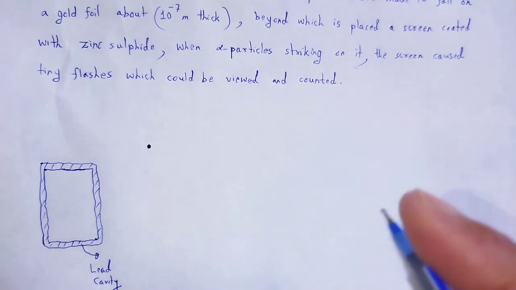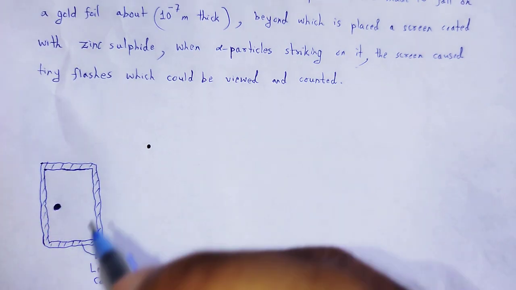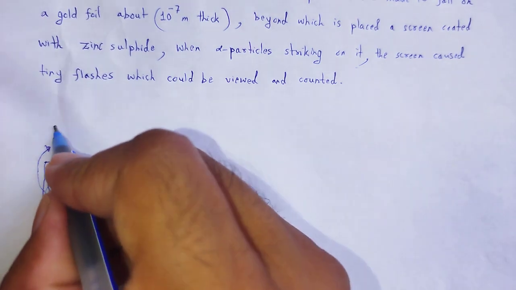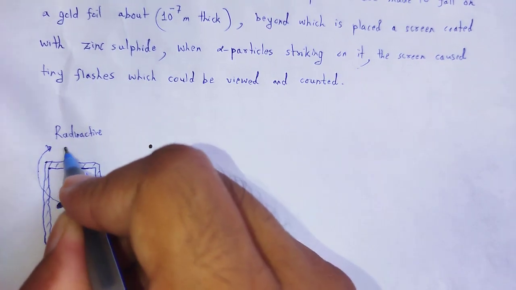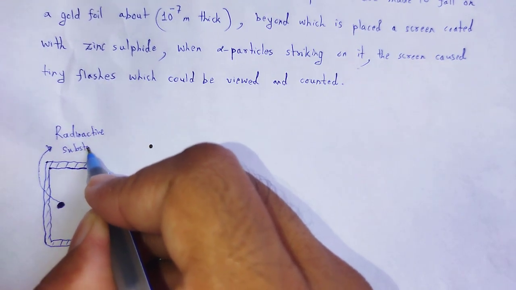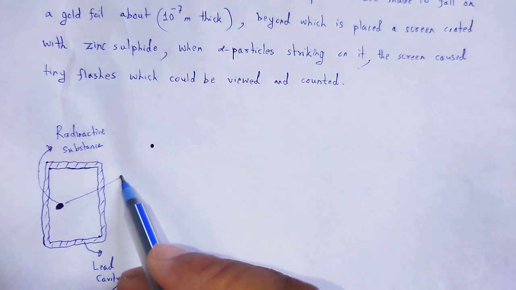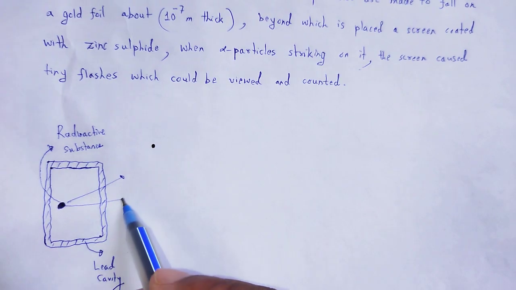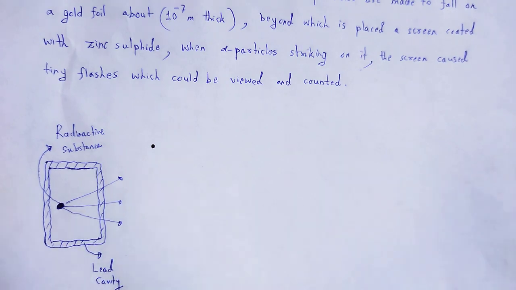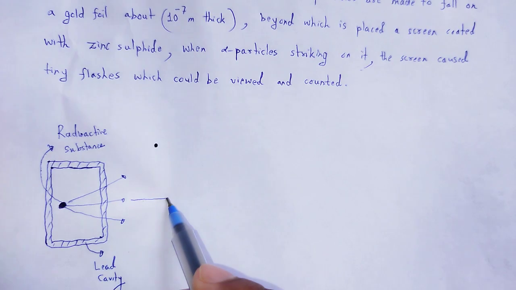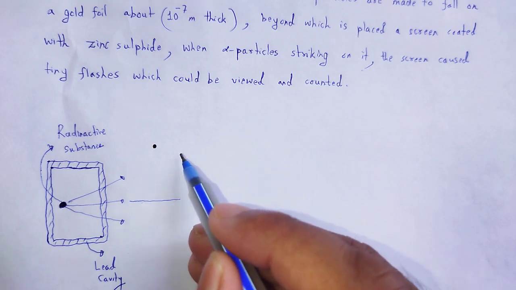In that lead cavity, we place a radioactive substance so that it emits radiations, and that radiation passes through a lead plate.